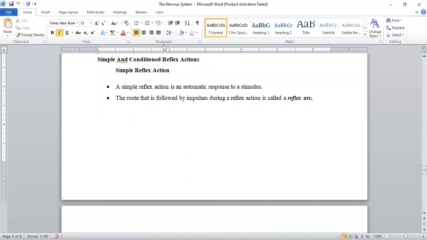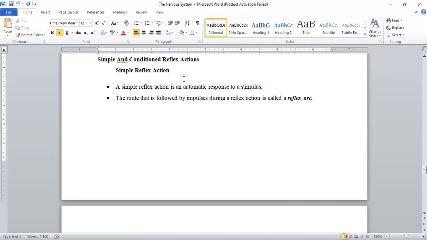Okay, so we have two types of reflexes. We have simple and conditioned reflex action. The simple reflex action, as we have explained on the chart, is automatic, something that you cannot control on your own. It just occurs. For example, when the body senses changes in temperature, if you sense something that is hot, you have to move your hand.